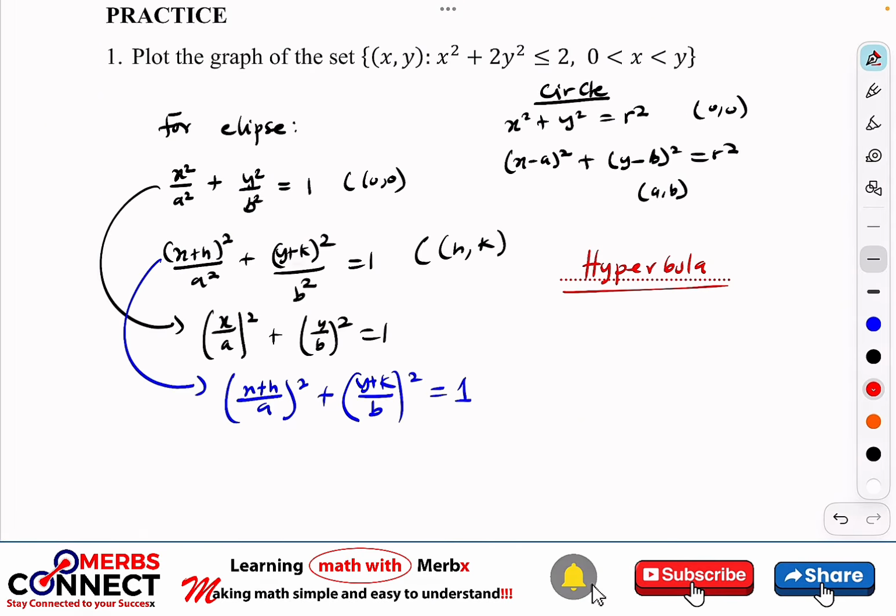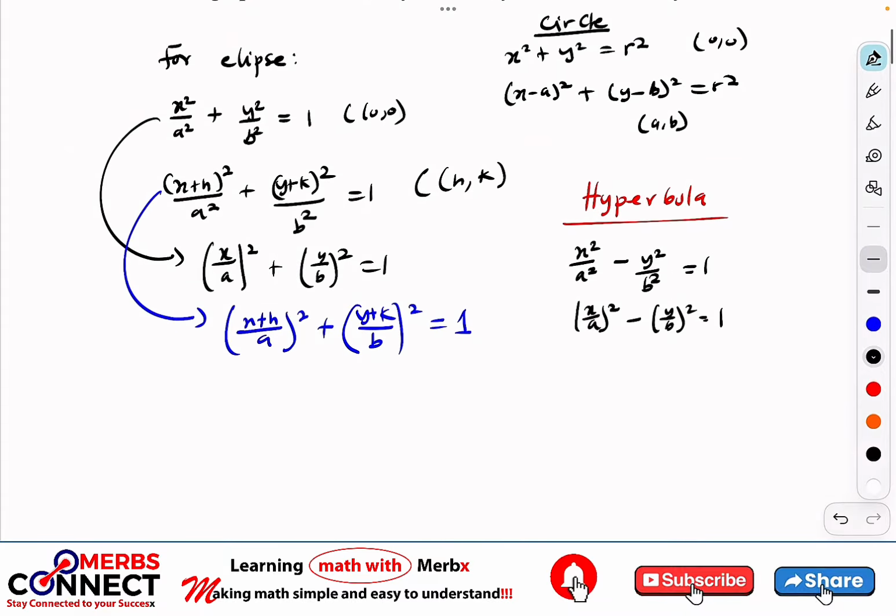So the hyperbola is almost the same as the ellipse, but the only difference here is the hyperbola is going to be x squared over a squared minus y squared over b squared is equal to 1. So it's going to follow the same trend. I can write this one as (x over a) squared minus (y over b) squared is equal to 1. That's when the center is 0, 0.